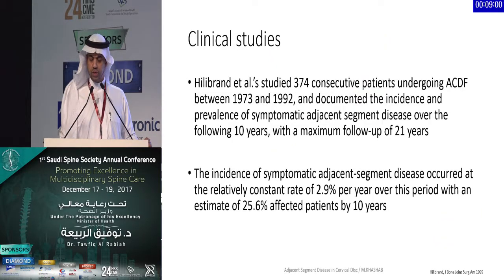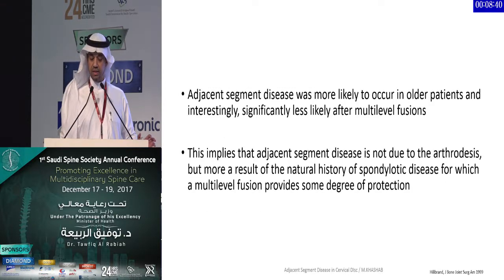So Hilibrand gave us his series early in 1999, about 374 patients, and he followed up those patients for 10 to 20 years. The incidence was found to be about 25% over 10 years. They noticed that it happens more in the elderly, which is the cervical spondylosis.